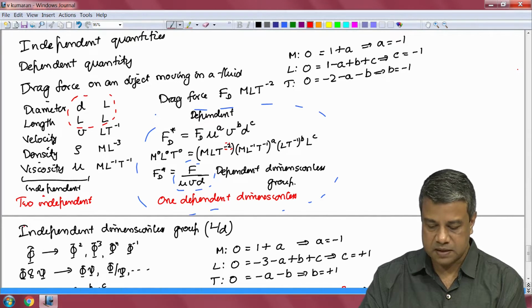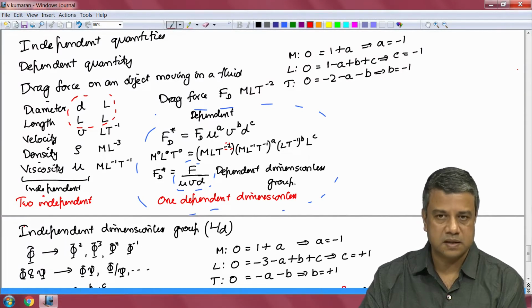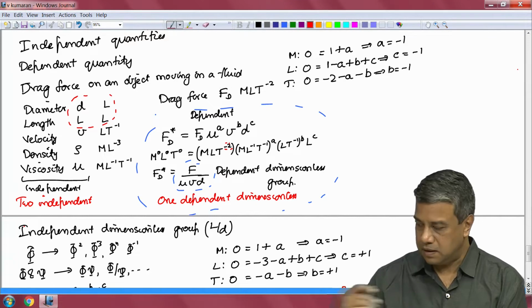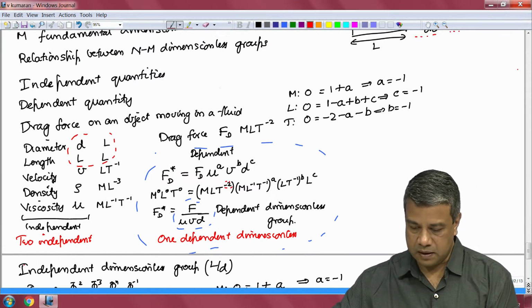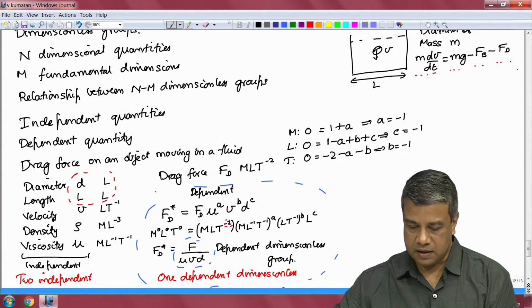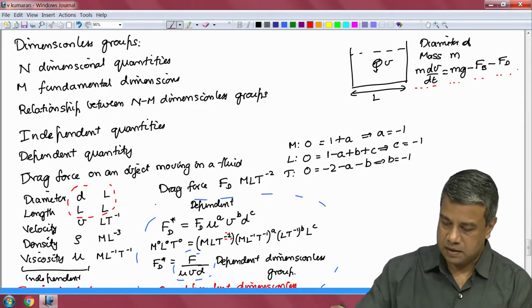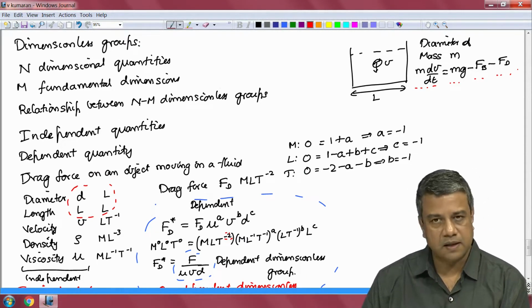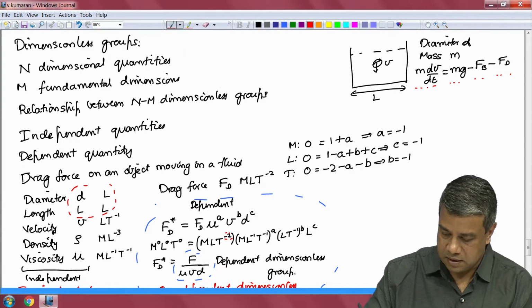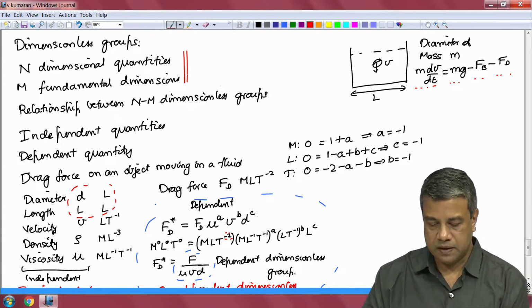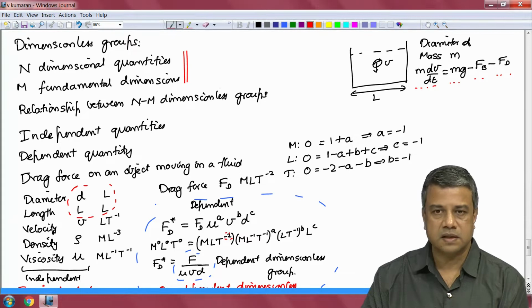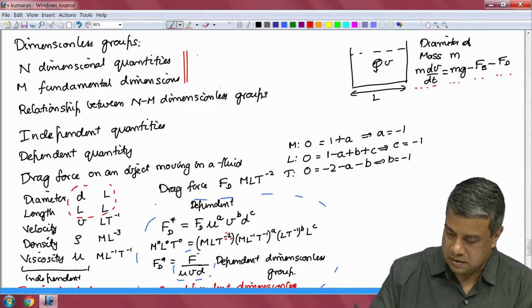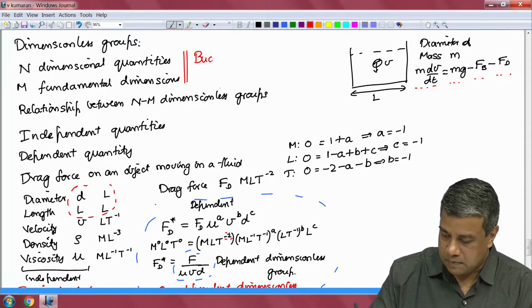Since they had 3 dimensions, mass, length, and time, we got 2 dimensionless parameters from the requirement that if there are n dimensional quantities and they contain m fundamental dimensions, then there should be n minus m dimensionless groups. This is called the Buckingham pi theorem.